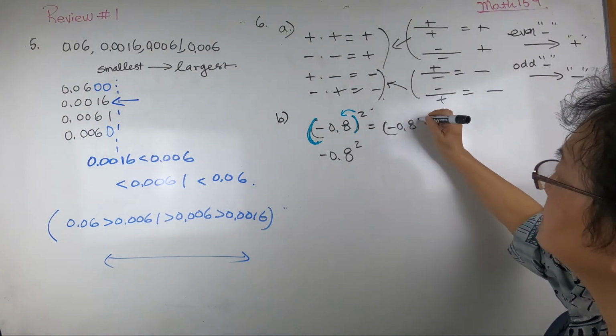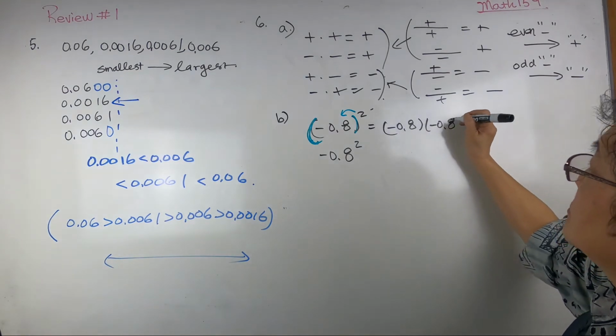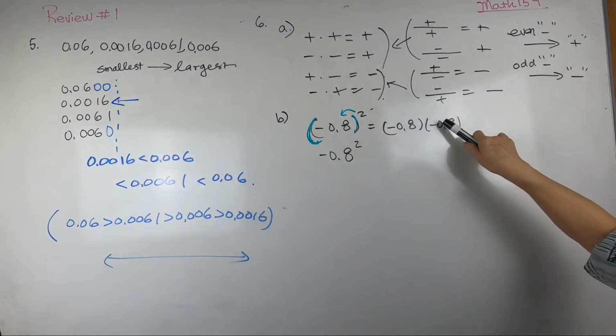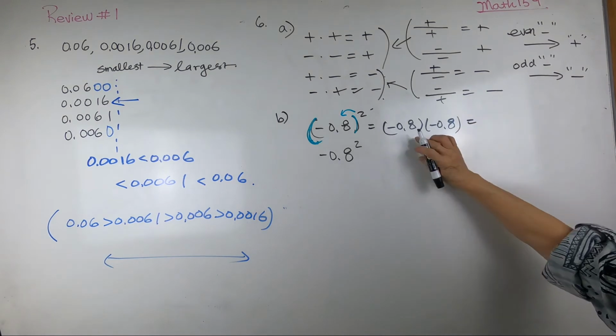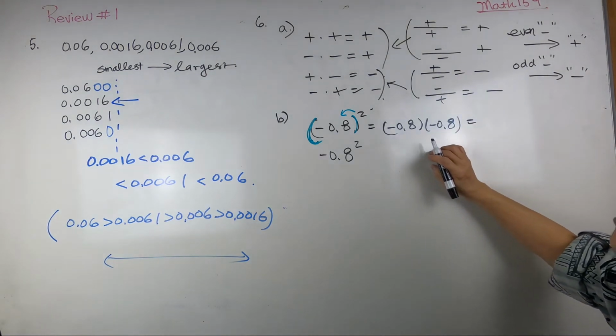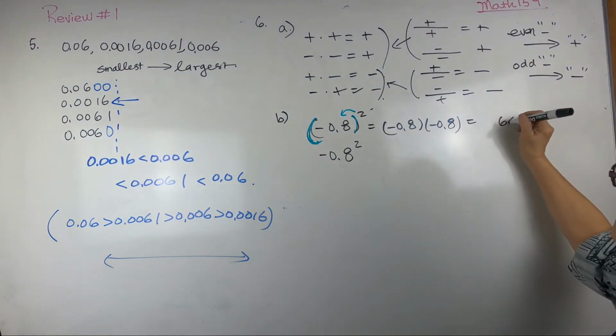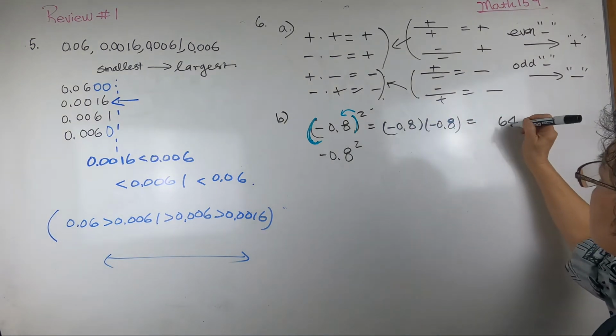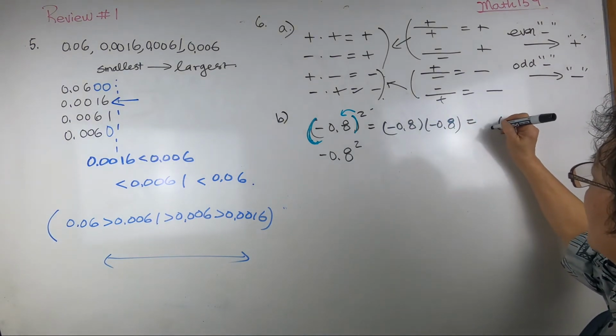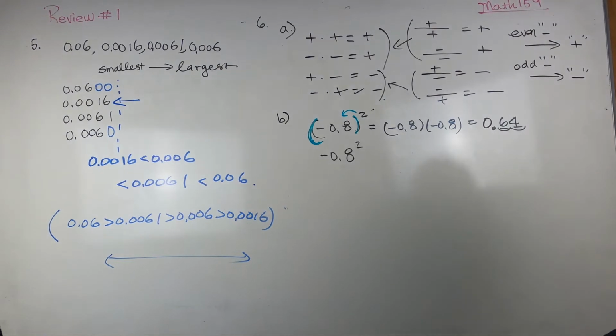Negative 0.8. You multiply it twice. So an even number of negatives multiplied together is positive. Then how do you multiply the decimals? 8 times 8, 64, 2 decimal places. So you need to do that. That's your answer, right? Or you use a calculator.